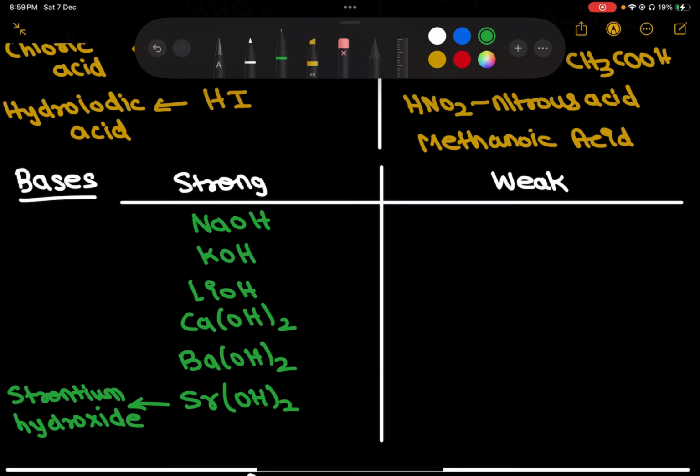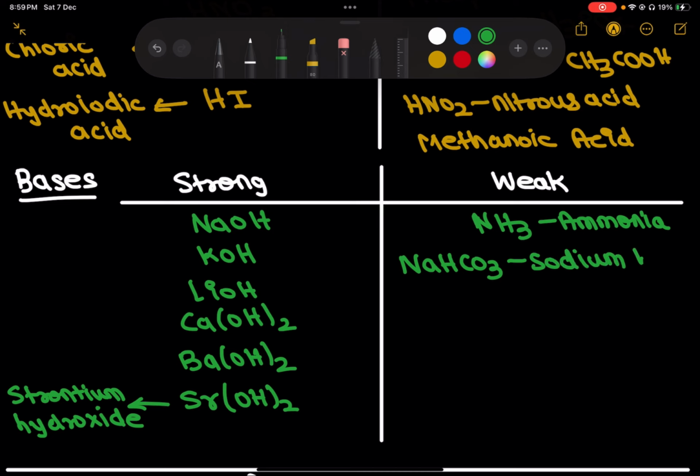Okay. Now we'll go to weak. Weak bases, we have ammonia, NH3, ammonia. Correct? Then we have sodium bicarbonate, NaHCO3, sodium bicarbonate, correct?